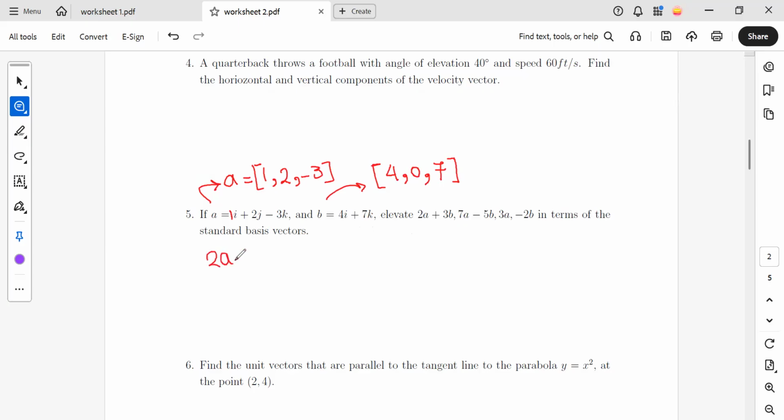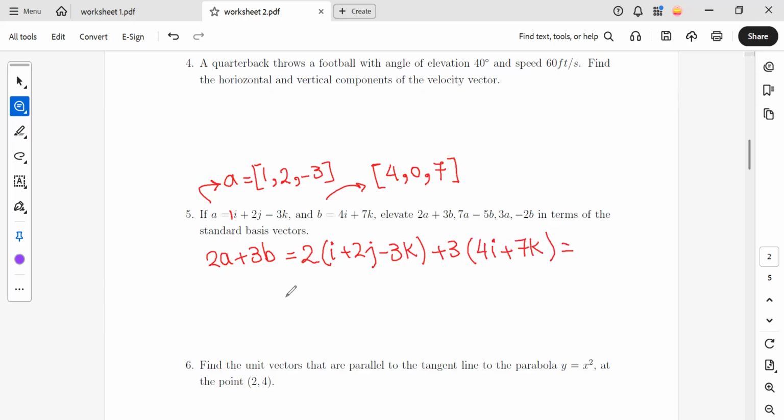So 2a plus 3b, you can write it either in ijk form with basic vectors, or you can write it as bracket. It's up to you. Let's keep it this way. So 2 times (i plus 2j minus 3k) plus 3 times (4i plus 7k).